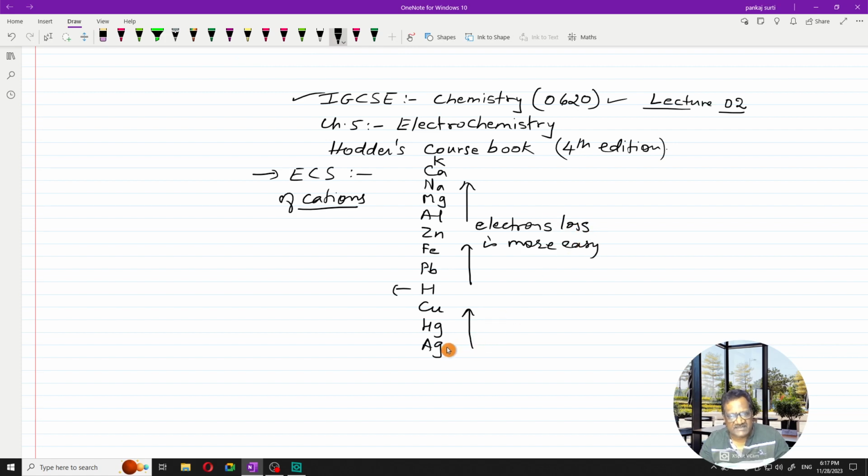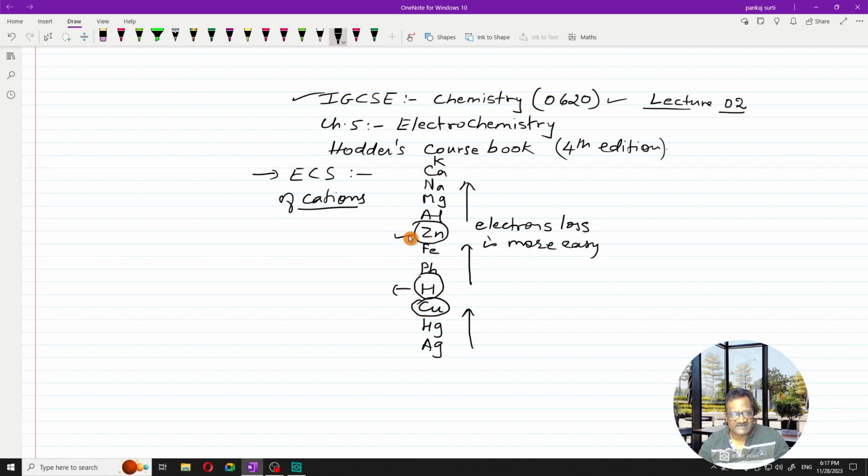What I mean to say is, in comparison to copper, hydrogen will be losing electron more easily, and in comparison to copper, zinc will be losing electron more easily. So the element which is at a higher place in this series will be losing electron more easily compared to the element in the lower position.